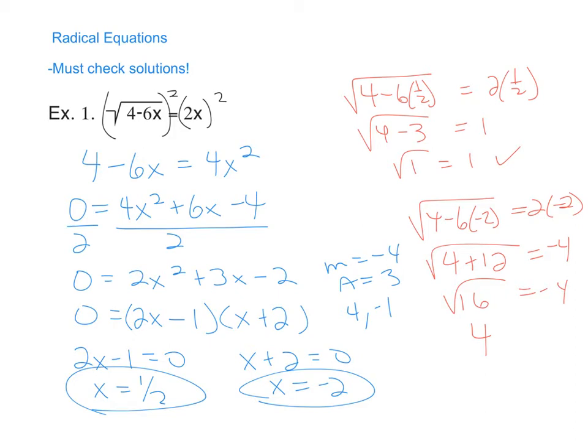And that's not the case. 4 squared equals negative 4 squared, but 4 does not equal negative 4. So that is not actually a solution to my original equation. It's a solution to this equation, but it is not a solution to the one I started with. My only solution is going to be x equals 1/2.